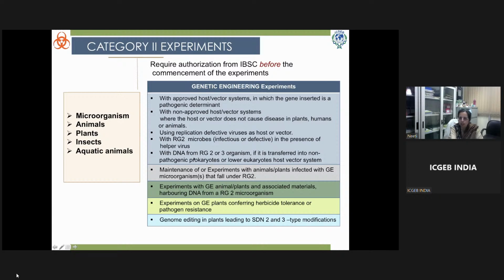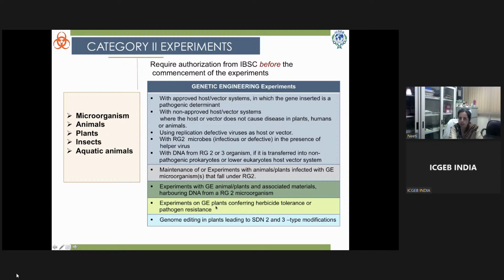So, other than that, maintenance or experiments with animals or plants which are infected with group 2 organisms also fall under this category. Experiments with GE animals, that is these genetically engineered animals or plants, which contain pathogenic determinants or whole genome of the RG2 group of microorganisms, need to be handled under BSL-2.